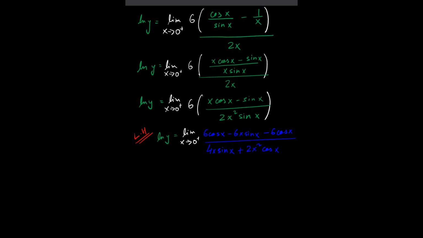Before I do anything, it looks like this and this are like terms, and we get to cancel them. And from the bottom, it really looks like I can factor out a 2x. So let's go ahead and do that first.